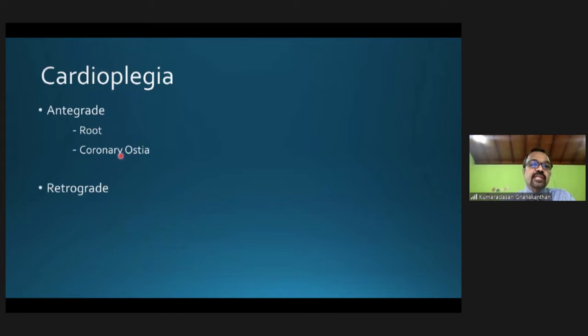As I mentioned, for antegrade cardioplegia, we can give it to the root if the aortic valve is competent. If the aortic valve is incompetent, we can fibrillate, then open the aorta and give it directly into the coronary ostia. Preferably, it is better to use antegrade as well as retrograde cardioplegia because the cardiac protection is much more effective with both.